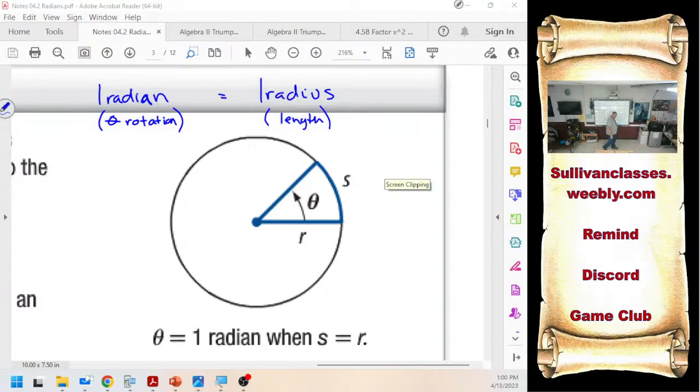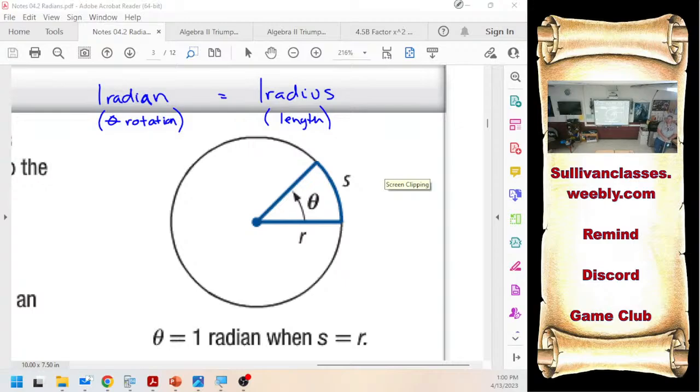Who drives? Okay, most of us. When you're driving, your two most important gauges, well, three if you want to count gas. Speedometer. What units is the speedometer in? Unless you go up to Canada, it's miles per hour.